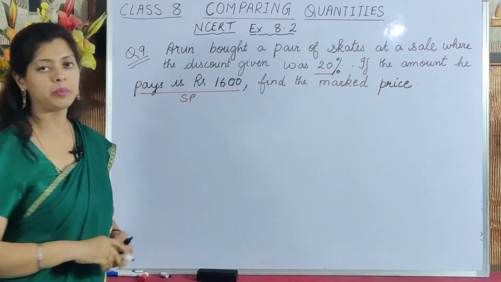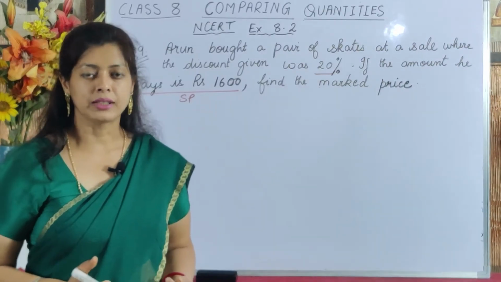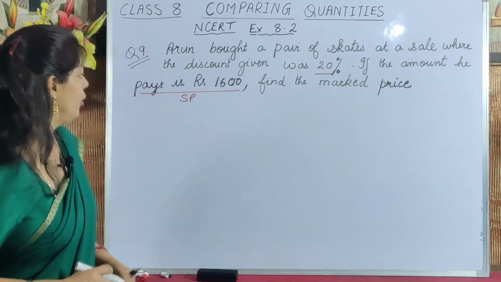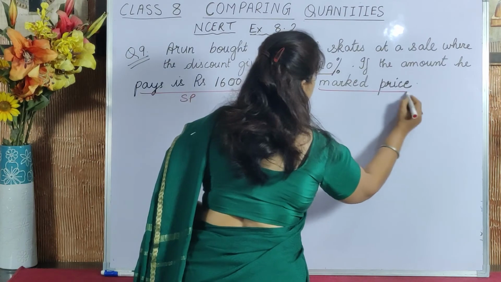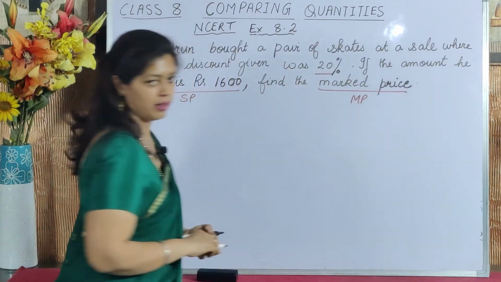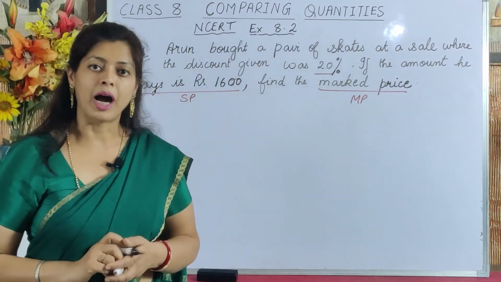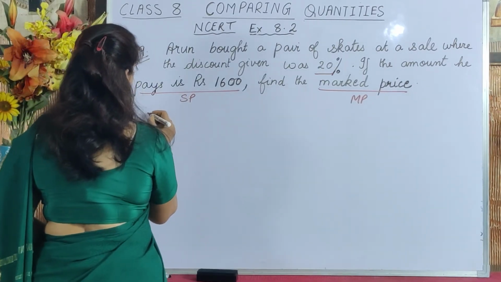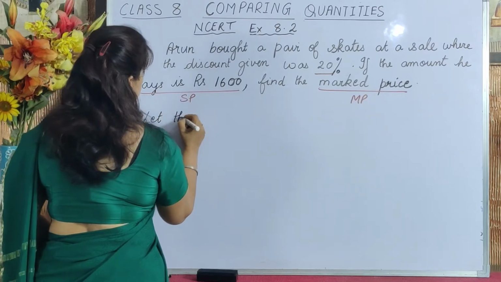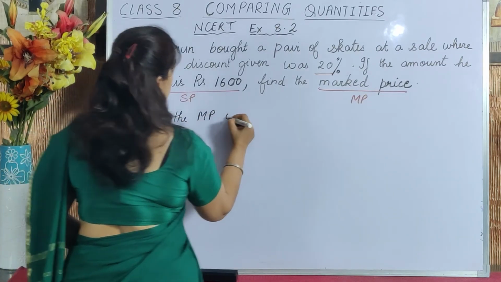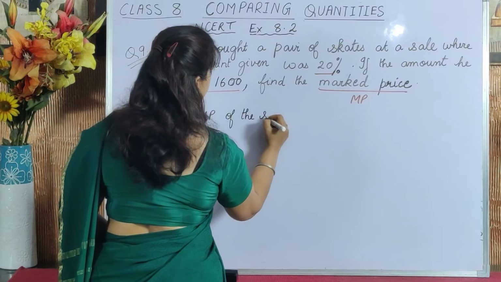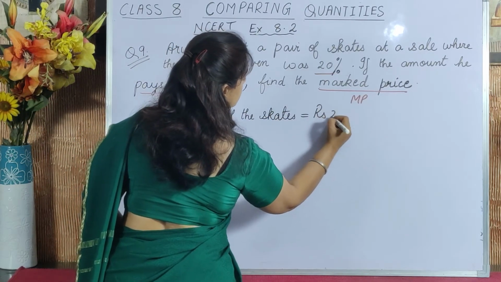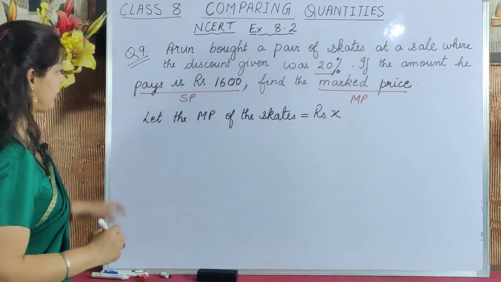And how do we get the sale price? The marked price or the original price minus the discount gives the sale price. We are required to find the marked price of the skates. So we'll start with taking the marked price as rupees X. So let the marked price of the skates be equal to rupees X. What else are we given?